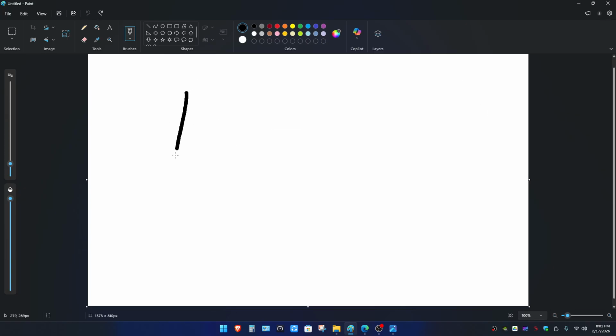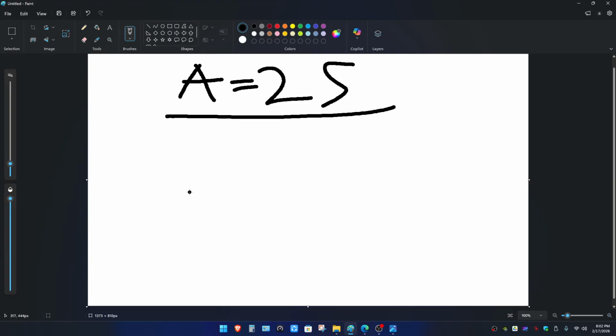Okay, atom has two types of signal. A pull signal.